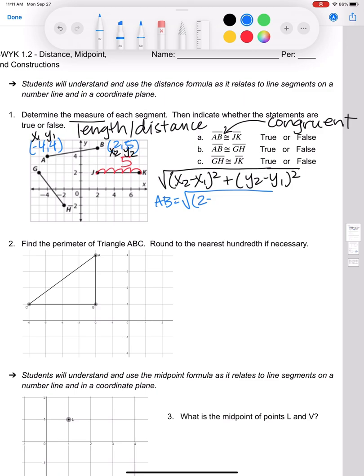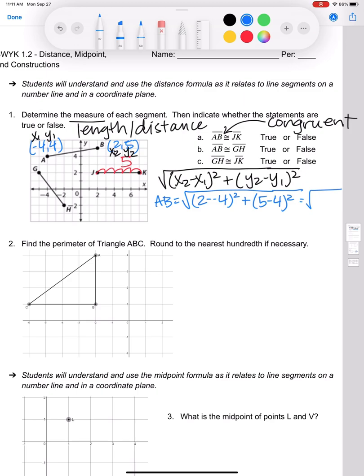And my x2 is 2, and then my x1 is negative 4. So I am subtracting negative 4. I have my double negative there. I'm closing and squaring it. And then I'm going to take my y2, which is 5, and subtract 4, close it, and square it.